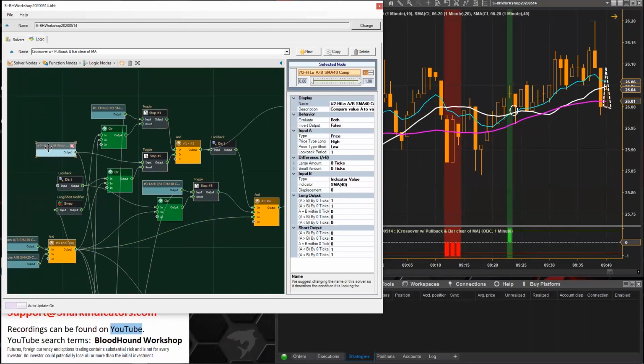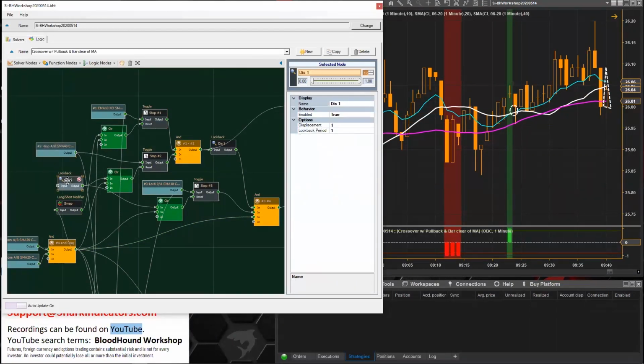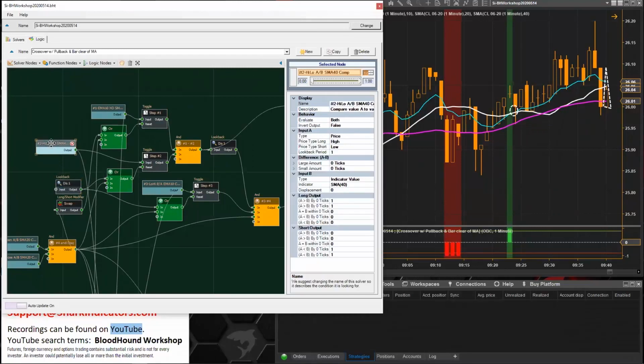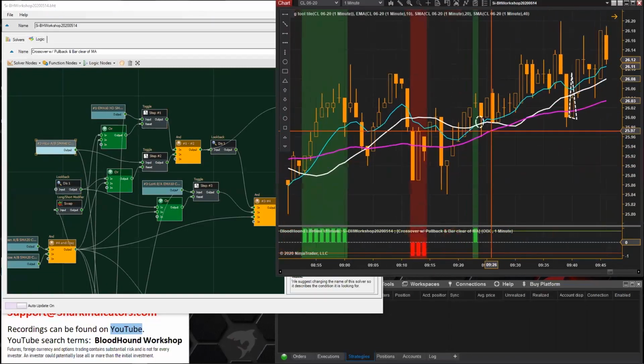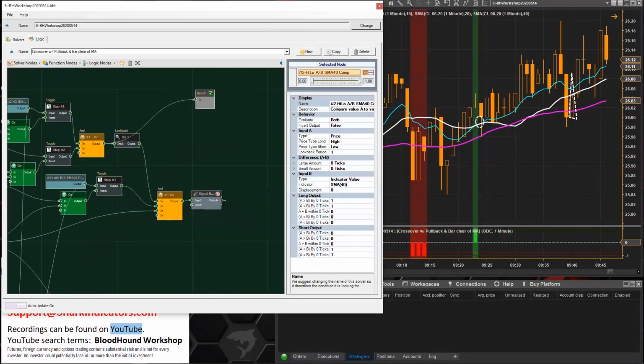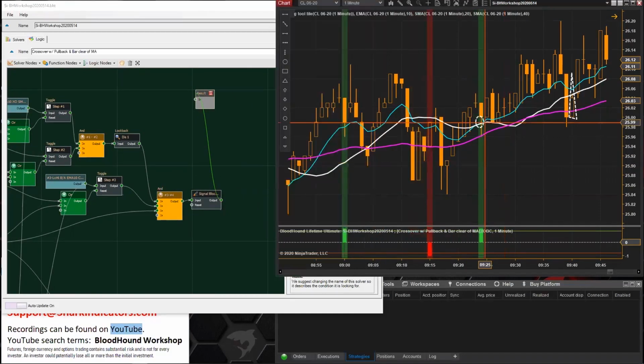So here's rule number 2. We're gonna tighten this up, and it's gonna get rid of a lot of signals, but it's also gonna clean up this signal here as well. Actually, let's plug that back in. There you go.